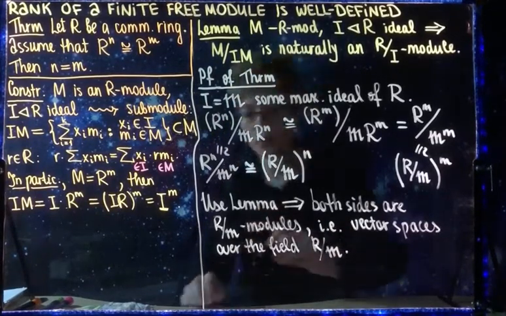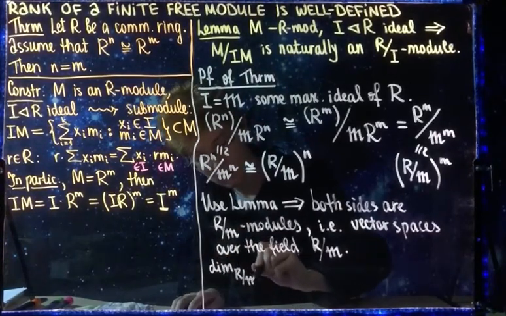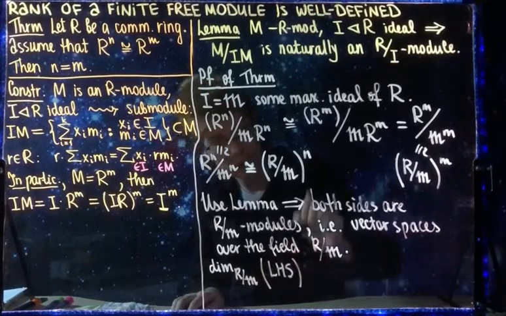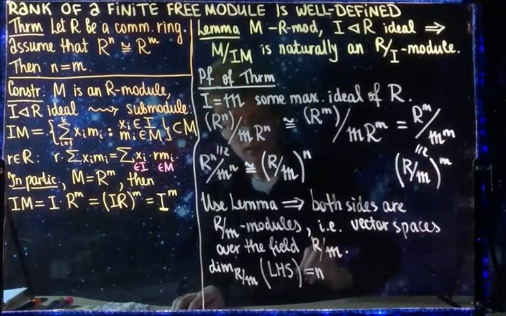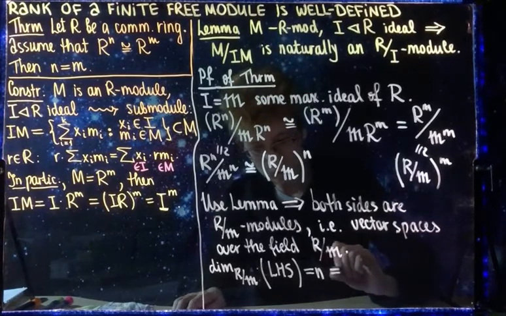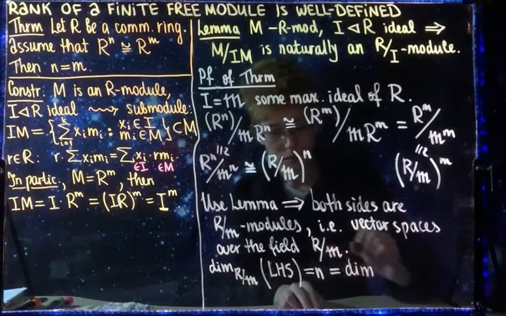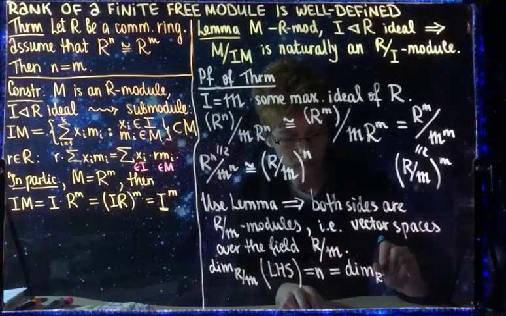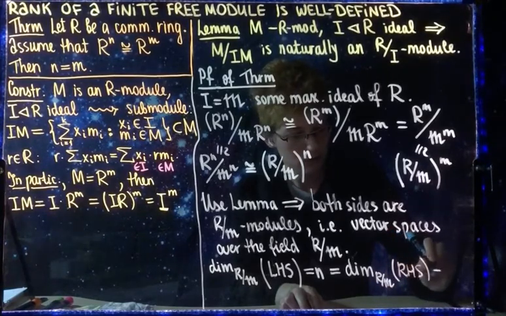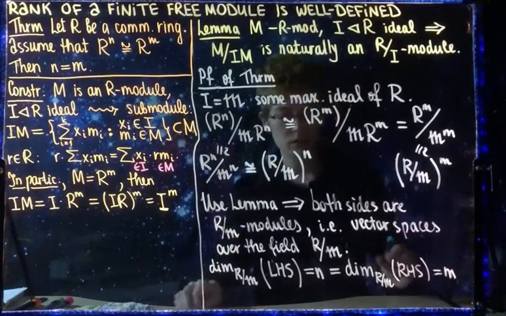And we see that the left-hand side is an n-dimensional vector space, and the right-hand side is an m-dimensional vector space. So the dimensions should be equal because we are now working over a field where the notion of dimension is well defined. So n should be equal to m, just as we wanted.